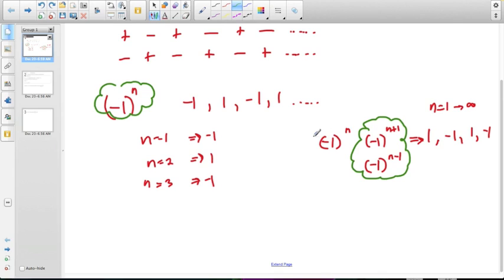Okay, and then we have to think of these things that kind of cycle, so to speak. And so another really popular alternator would be a trig expression. So for instance, if we take a look at cosine and sine, cosine is 1 at 0 radians, and it's -1 at pi radians.